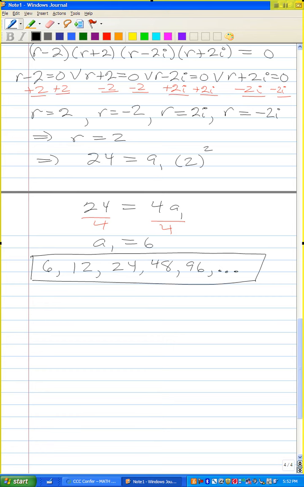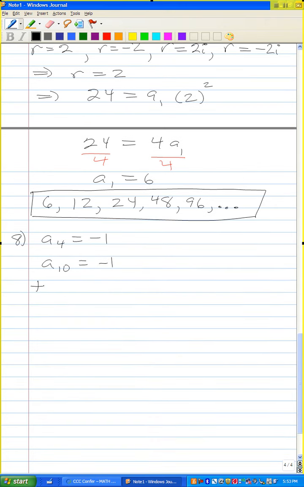Let me do problem number 8. So again, we want to write out the first 5 terms. So for problem number 8, a sub 4 equals negative 1, a sub 10 equals negative 1, and it says that the terms alternate between being positive and being negative.